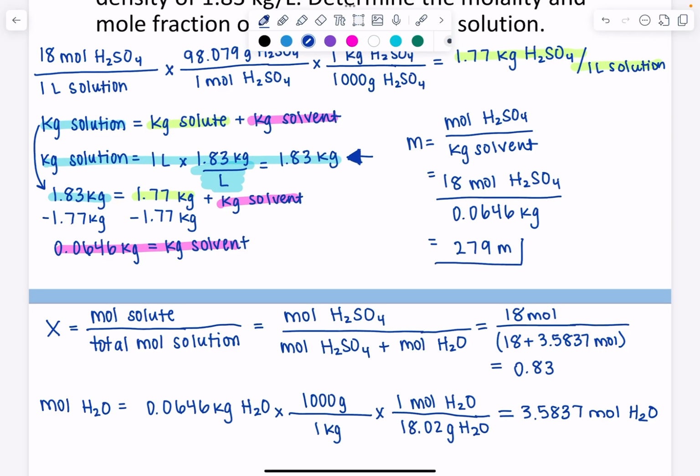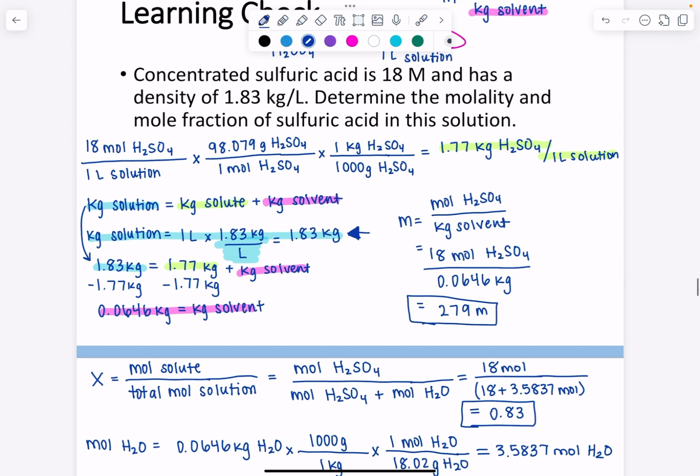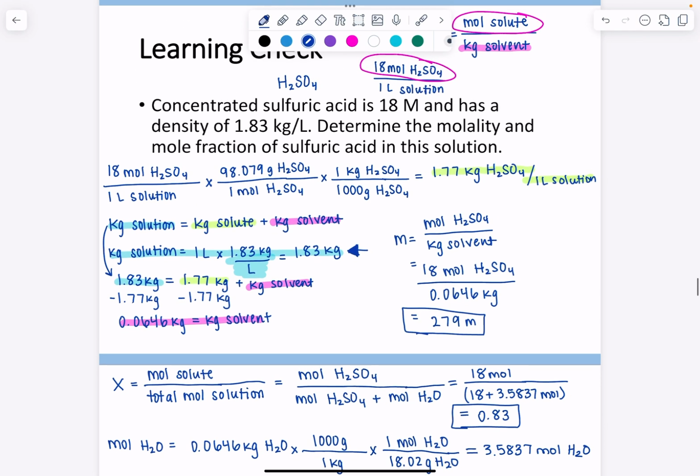So molality right here, mole fraction right there. Again, just using provided information and the definition. We need to know to solve this question what mole fraction is and what molality is and molarity. Then we're able to use all the provided information to solve. All right, thanks everyone.